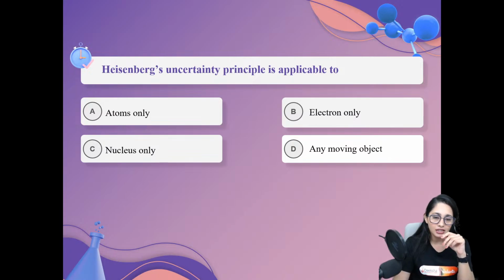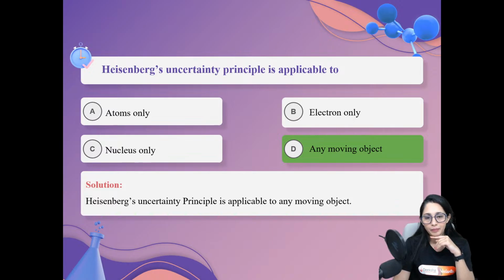Next, the Heisenberg uncertainty principle is applicable to dash: atoms only, electron only, nucleus only, any moving object. What is the answer? It is option D, any moving object.